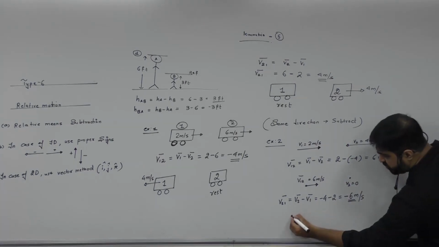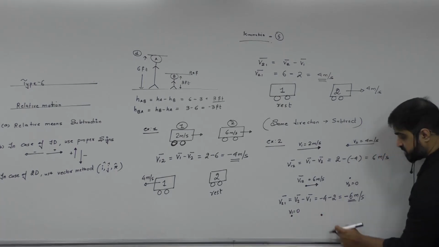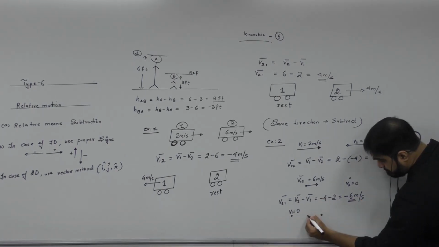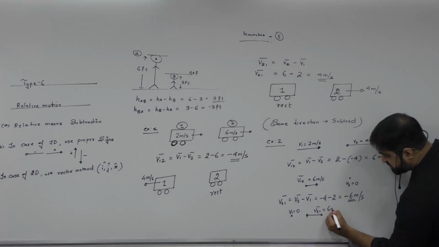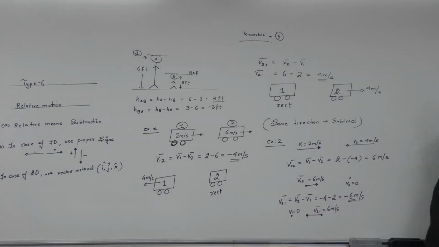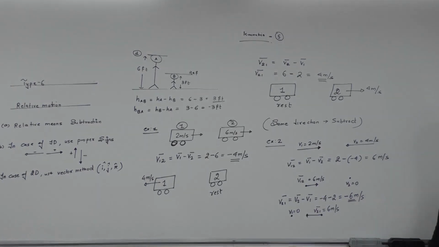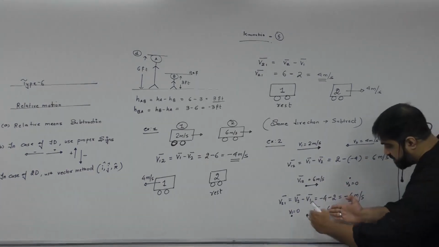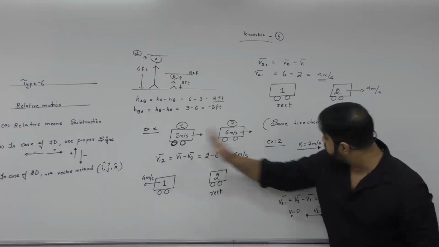Means V1 will become 0. And 2 is going with minus 6. What do you mean by minus 6? That way. This is the velocity of 2 with respect to 1, 6 meters per second, minus meaning in this direction. Okay. So they are appearing to come near. They were appearing to go away.